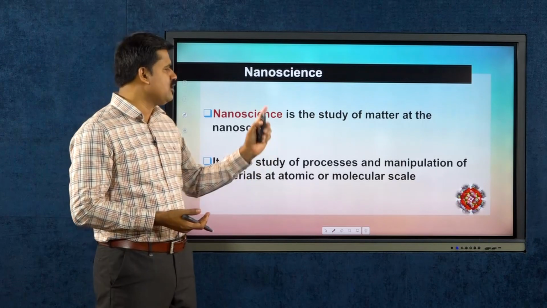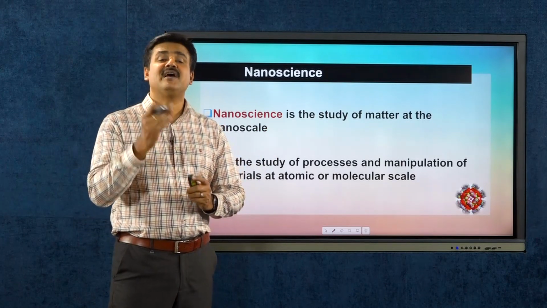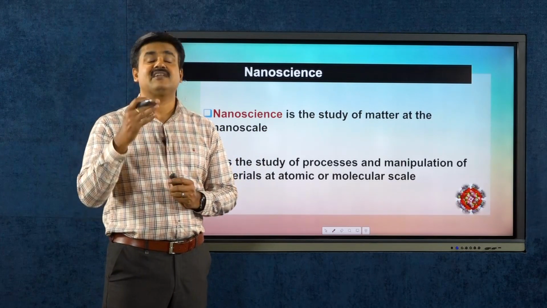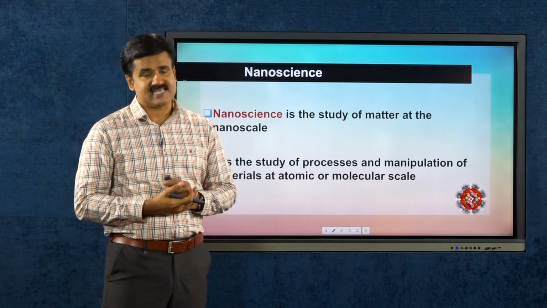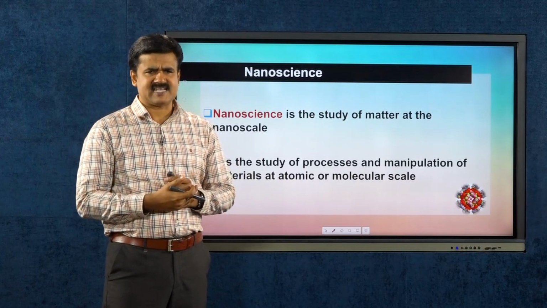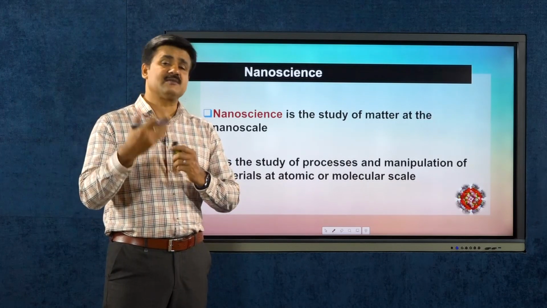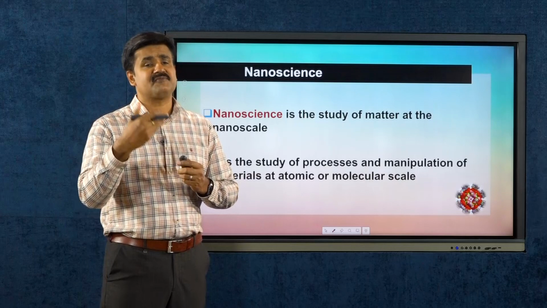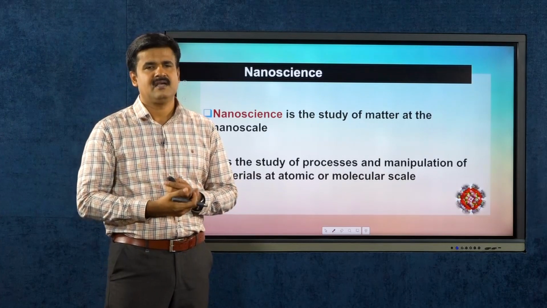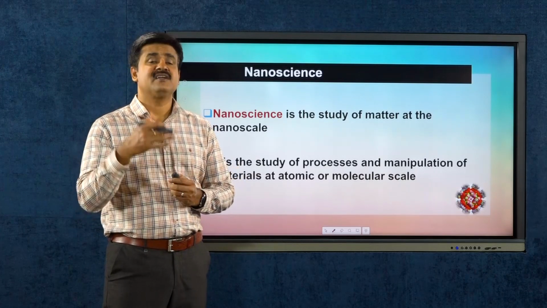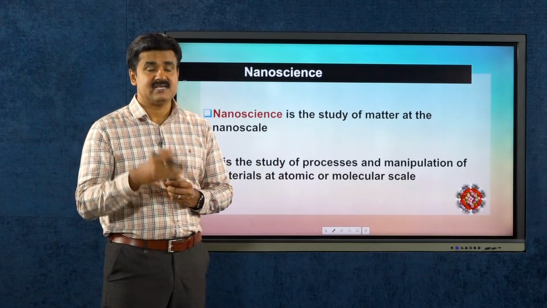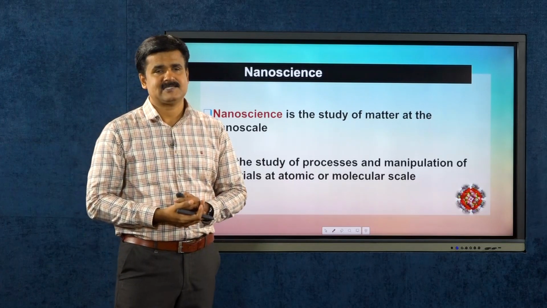It is the study of processes and manipulation of materials at atomic or molecular scale. Atomic or molecular scale is less than nanometer size. Whenever atoms and molecules are assembled together, definitely we will get a nanomaterial. And nanoscience deals with such an assembly, such kind of nanomaterials.